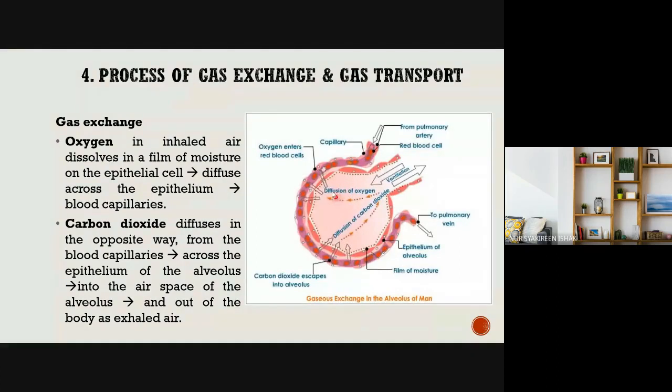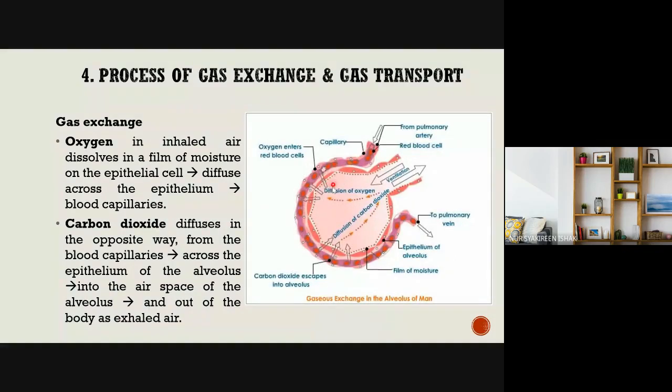Okay, so therefore oxygen from the alveolus enters into the blood. Dengan cara apa? The oxygen will diffuse, okay, across the moist wall of the alveolar wall. So the alveolar wall is made up of epithelial cells. Okay, it is one cell thick.